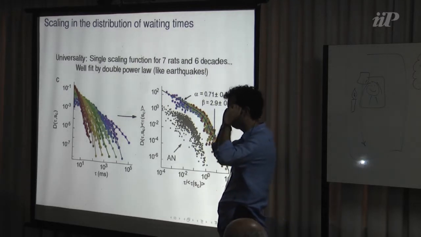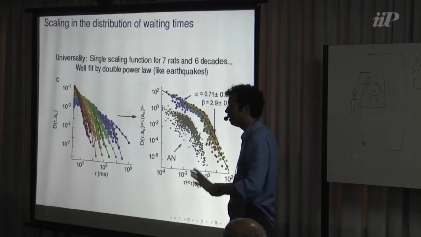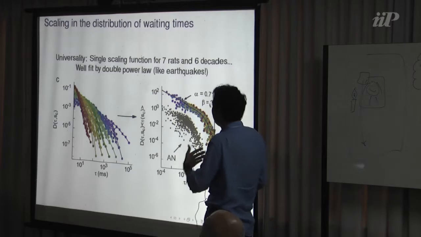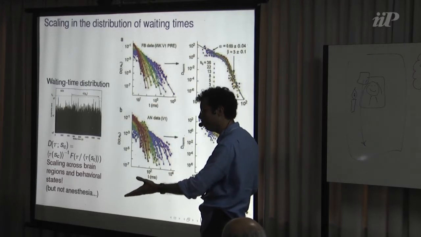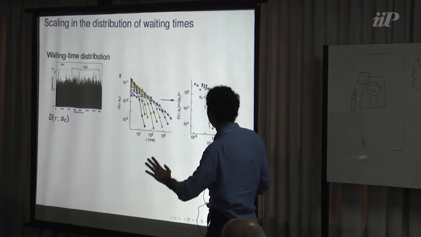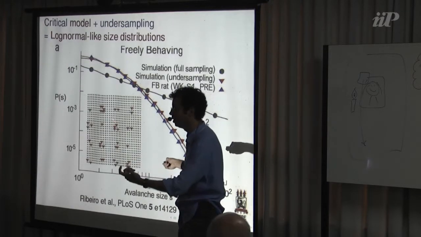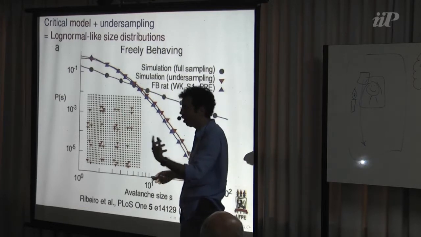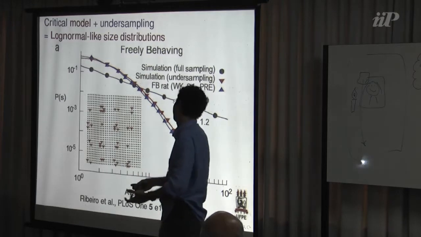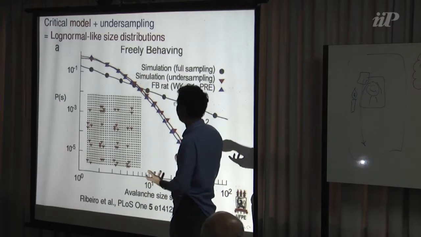There are several. One of them is the problem of undersampling, which is what we use to expand the data. So it could be that. But I'm not sure, because what I'm showing here is a nice result, in the sense that I modified the model, I included one additional biological experimental constraint, which is undersampling, and I reconciled the model with the data.